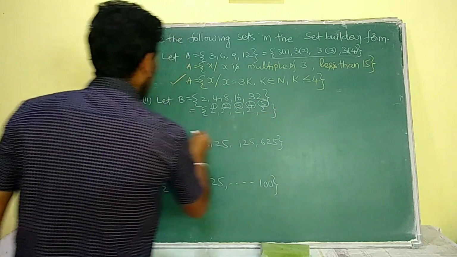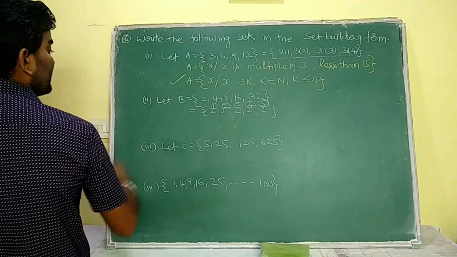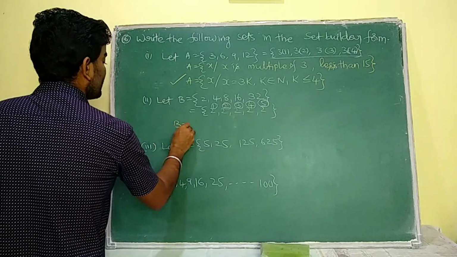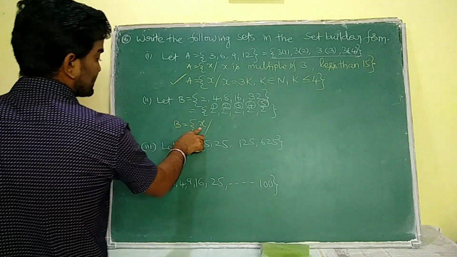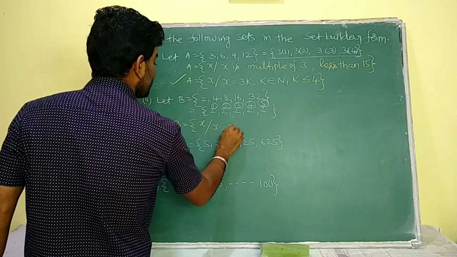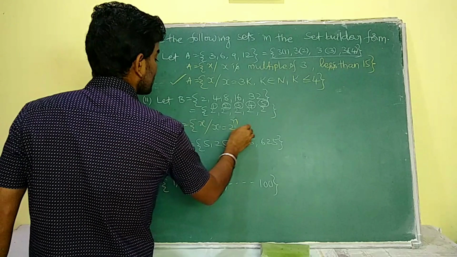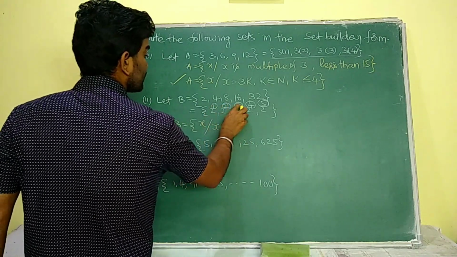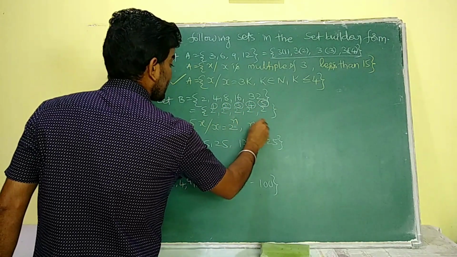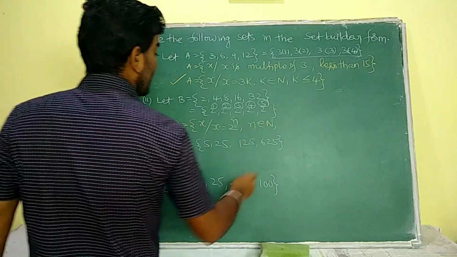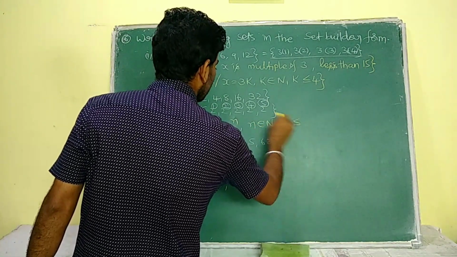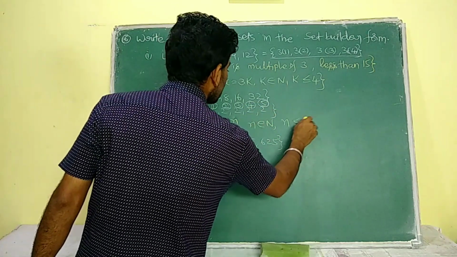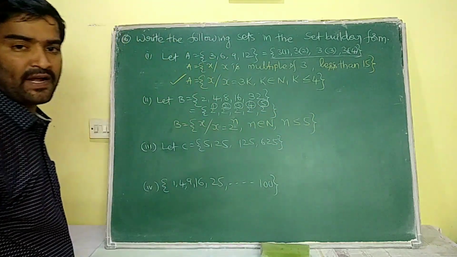So simply I will describe each element of this set B like some x. All the elements of the set are like x, and x is like 2 power of something. Here that something is 1, 2, 3, 4, 5. That means that n is a natural number, and that something has some limit, that is less than or equal to 5.